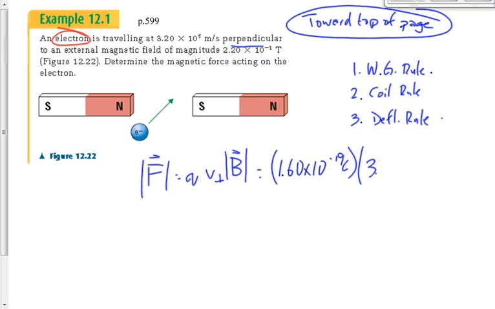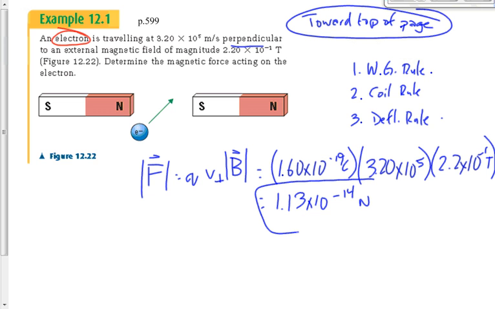V is 3.20 times 10 to the 5 meters per second, and B is 2.2 times 10 to the minus 1 Tesla. And we should get 1.13 times 10 to the minus 14 newtons. Is that good? 1.13 times 10 to the minus 14 newtons.